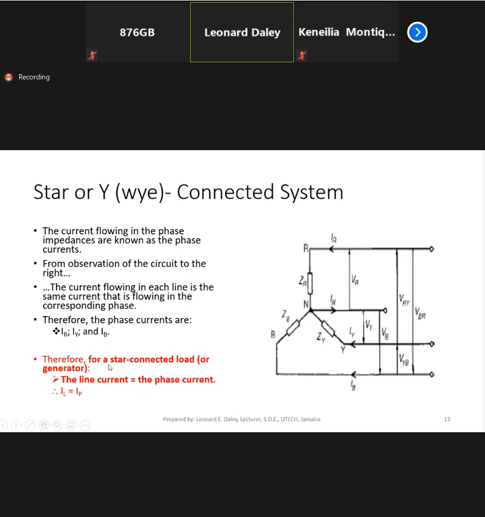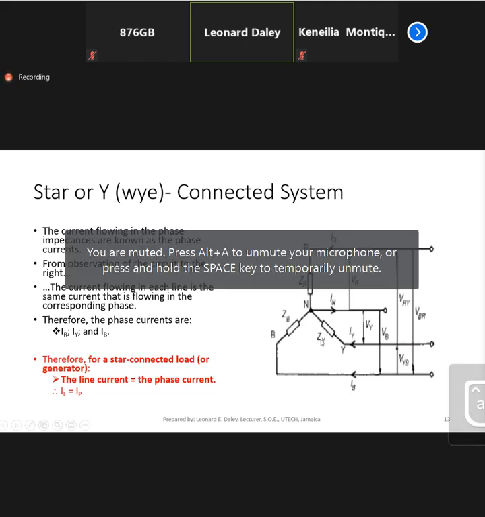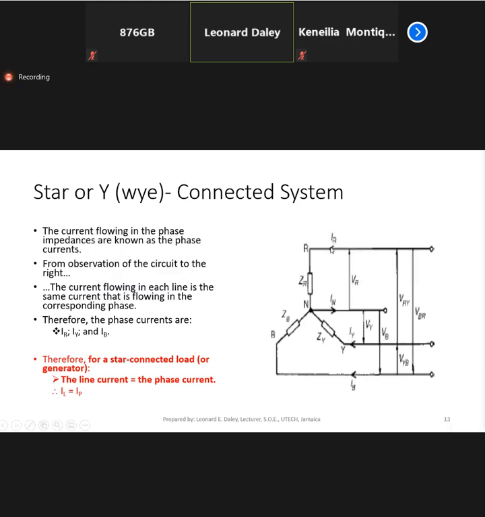All right, so that is what is stated here in bold red. The line current is equal to the phase current, with the L representing line and the P representing phase. So IL is equal to I phase for a star connected load. Whether it's balanced or not, I line is equal to I phase. If it's unbalanced, then the values for IR, IY, and IB may be different in terms of magnitude and angle.